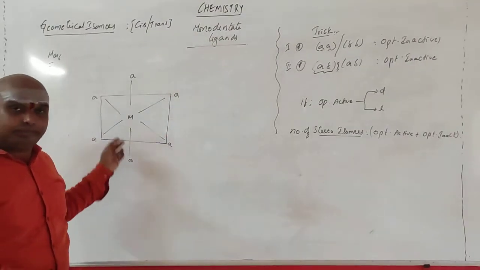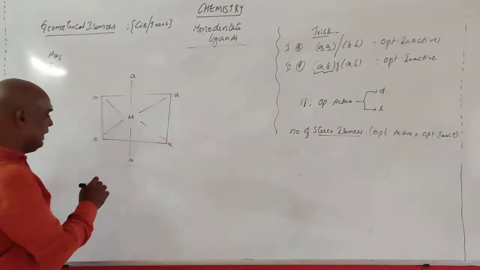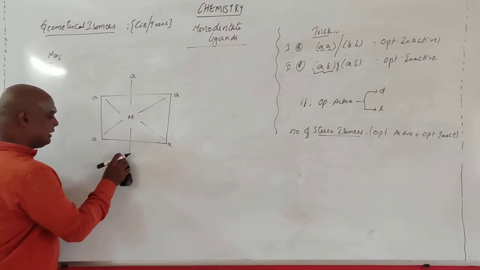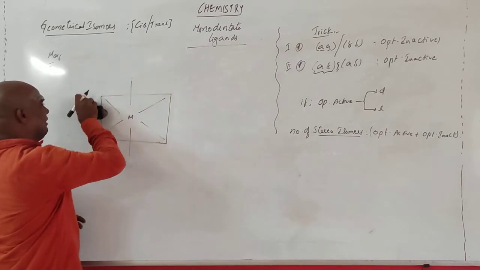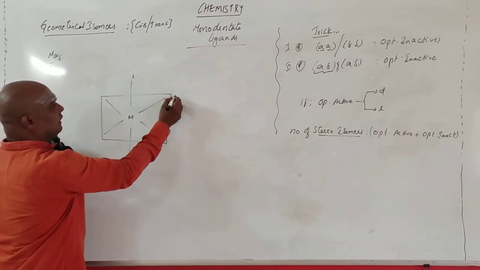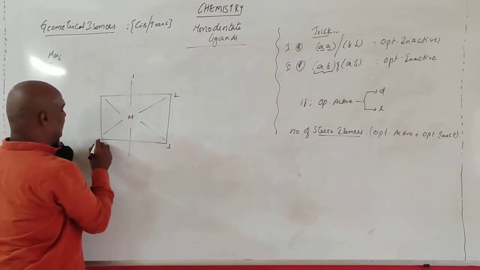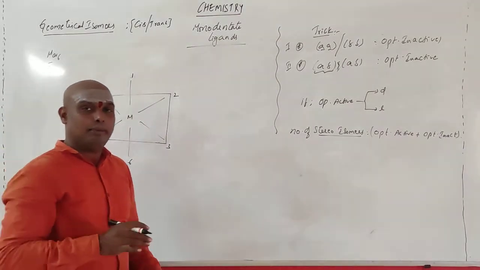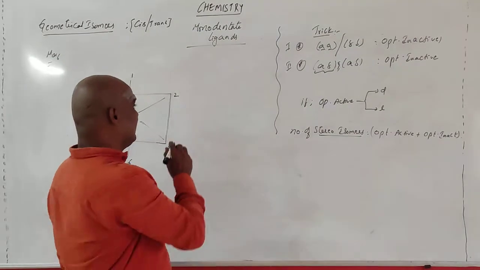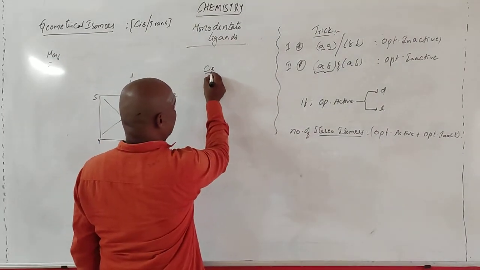First we number the positions: this is 1, 2, 3, 4, 5, 6. I want the conditions where 6 is present, so I am going for the cis conditions.